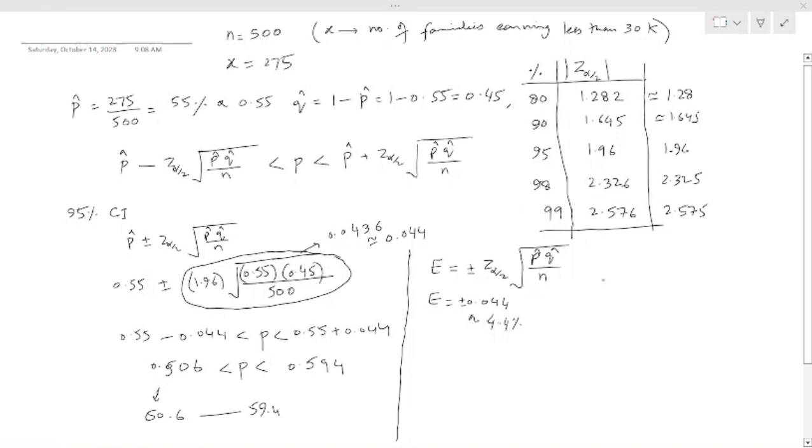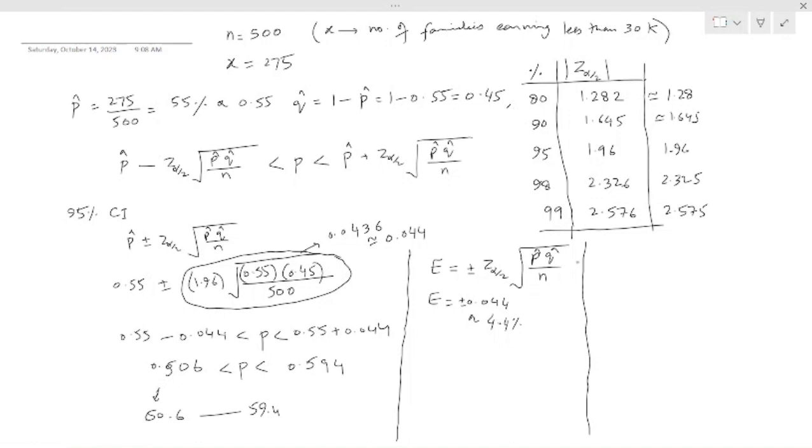What if we would like to get this margin of error reduced to 1% from 4.4%? Obviously we need to increase the sample size. For this reason, I'm going to derive the formula to determine sample size. We need to square both the sides.